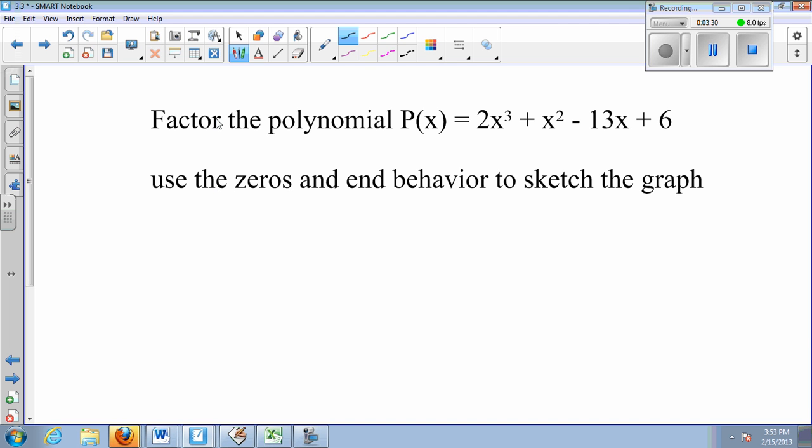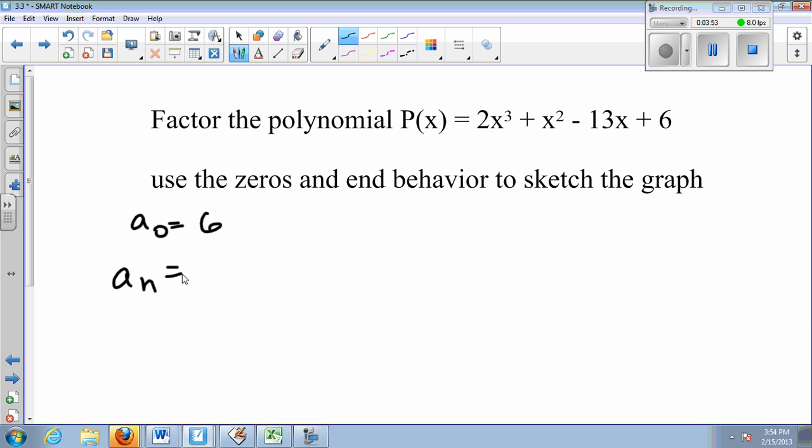Okay, so we are going to factor the polynomial p of x equals 2x cubed plus x squared minus 13x plus 6. We're going to use the zeros and end behavior to sketch the graph as well. So a sub 0 is 6.